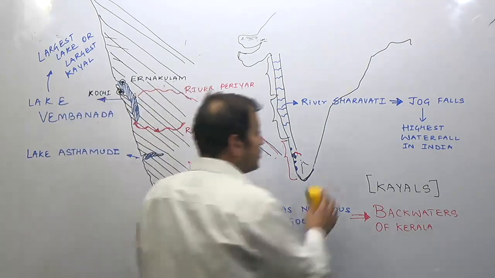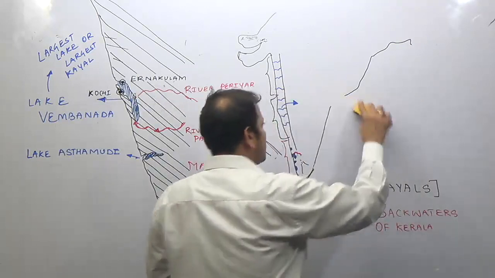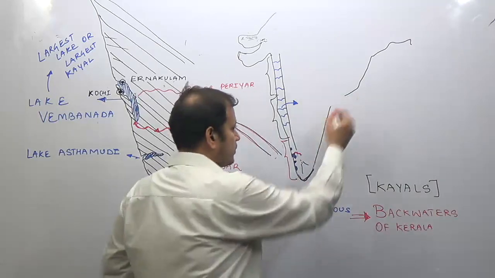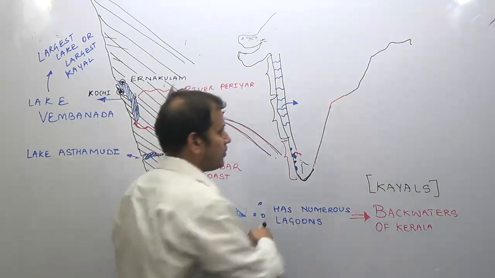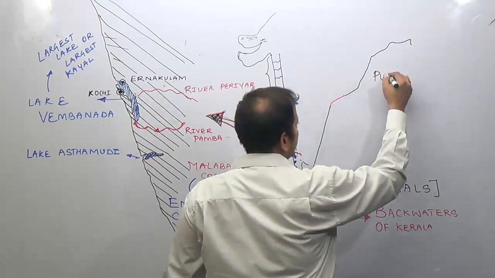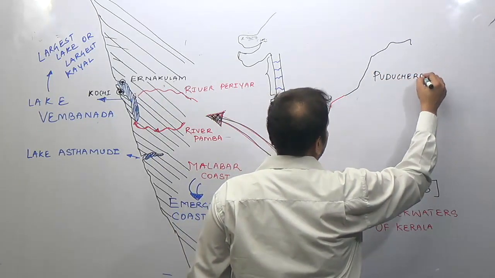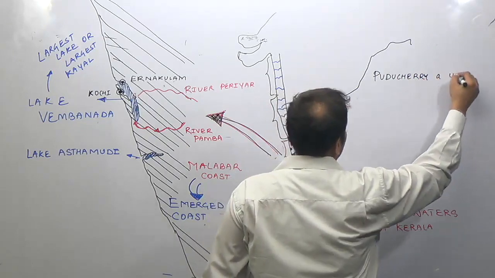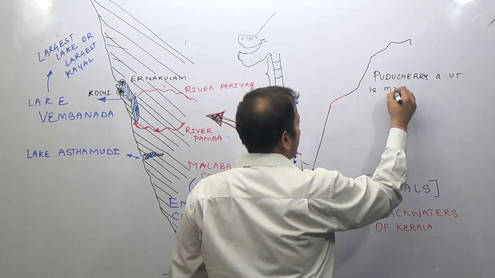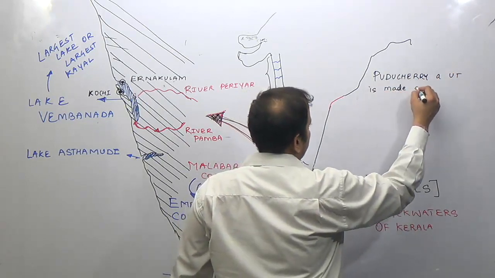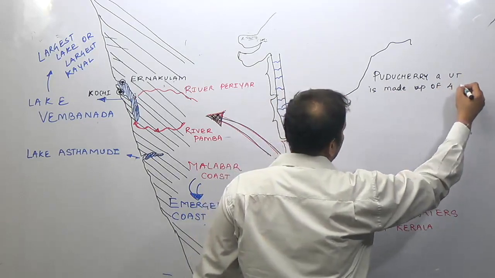If it comes in the examination, the question would be: Puducherry, a union territory, is made up of 4 parts or 4 territories.